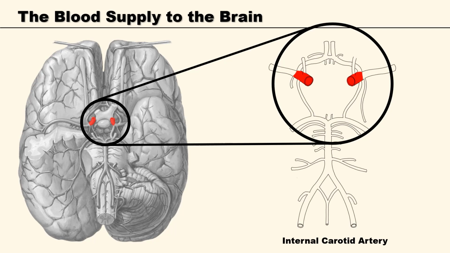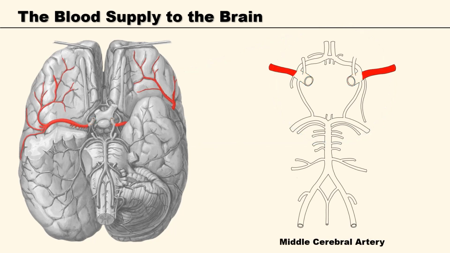A continuation of these arteries are named the middle cerebral arteries, not to be confused with the middle meningeal arteries, which travel up from the maxillary artery of the face and deep to the pterion of the skull. These middle cerebral arteries travel up through the lateral sulcus and supply most of the frontal, parietal and temporal lobes of the brain.